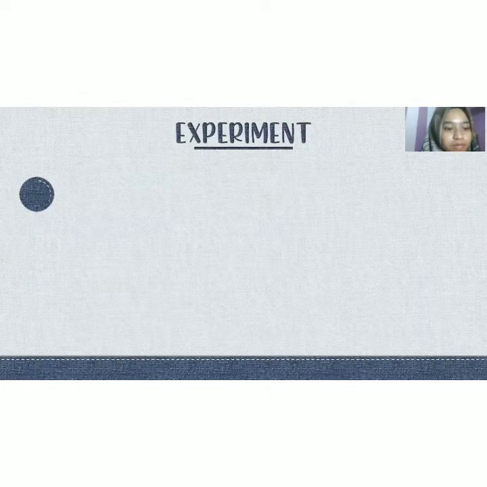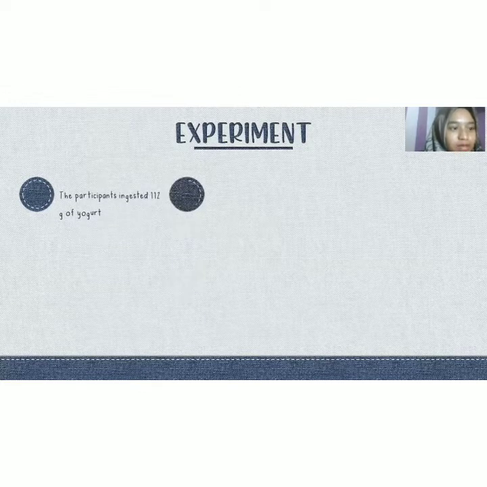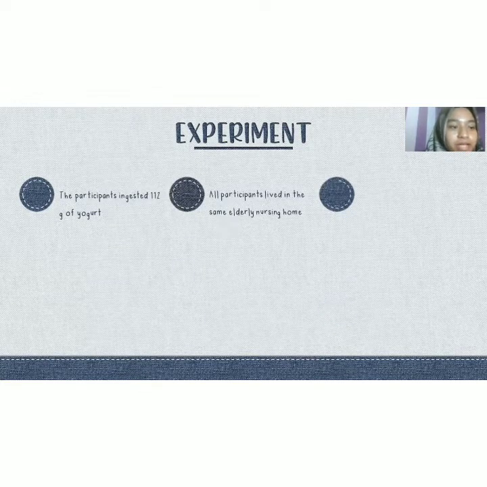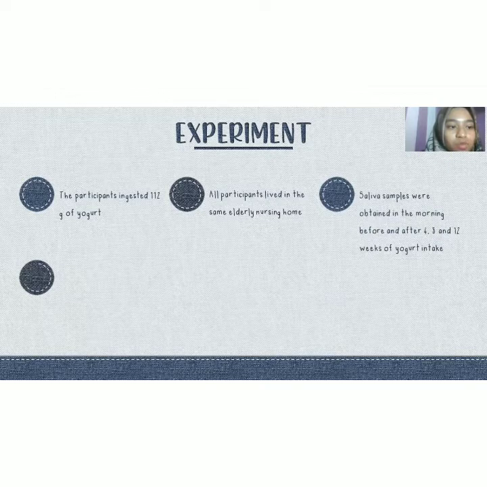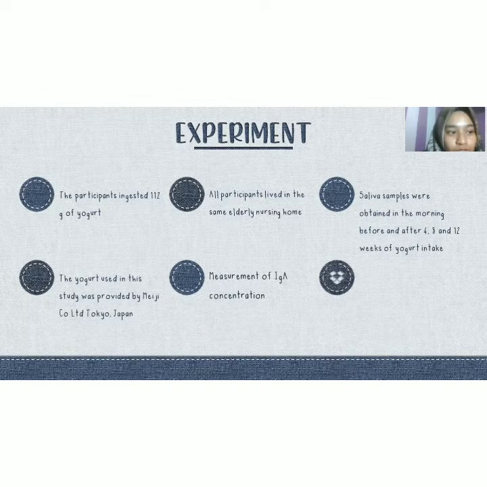So, the experiment. First, the participants ingested 112 grams of yogurt fermented with Lactobacillus bulgaricus OLL1073R1 each day in the morning, that is 10 a.m. to 10:30 a.m., for 12 weeks.